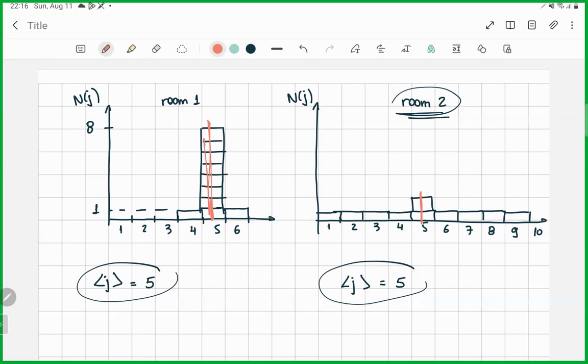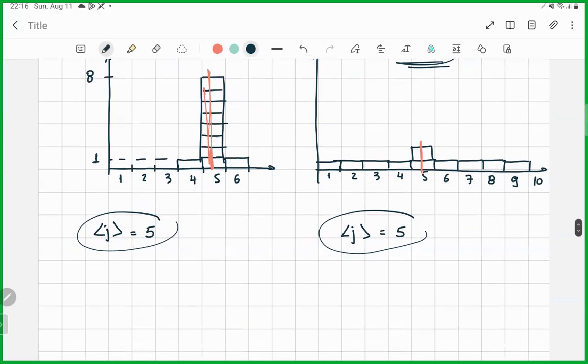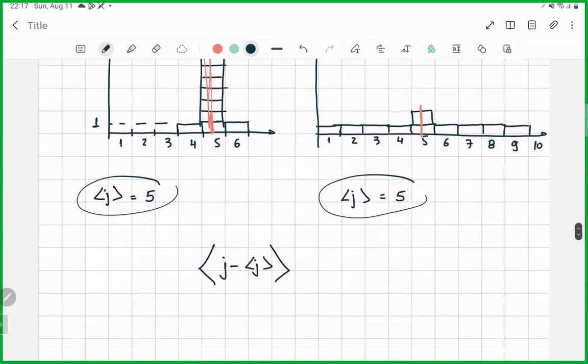So the first idea is that maybe if I compute the difference of each age from the mean, maybe this will be able to distinguish these two rooms. I'm going to call this difference delta J, and I'm computing the expectation value, or the mean, or the average of this difference.